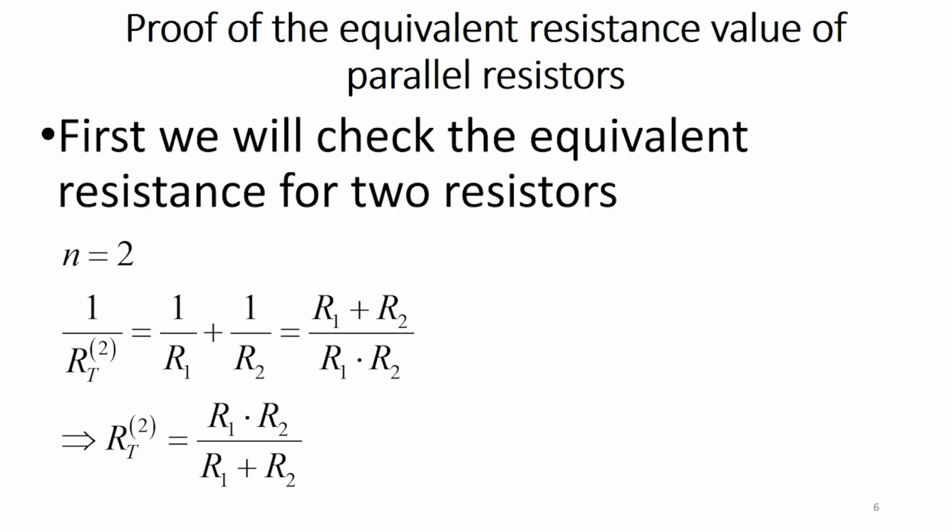First, we'll check the equivalent resistance for two resistors, where n equals 2. 1 over RT2 equals 1 over R1 plus 1 over R2, which is equal to (R1 plus R2) over (R1 times R2). And from this, we can find that RT2 equals R1 times R2 divided by R1 plus R2.